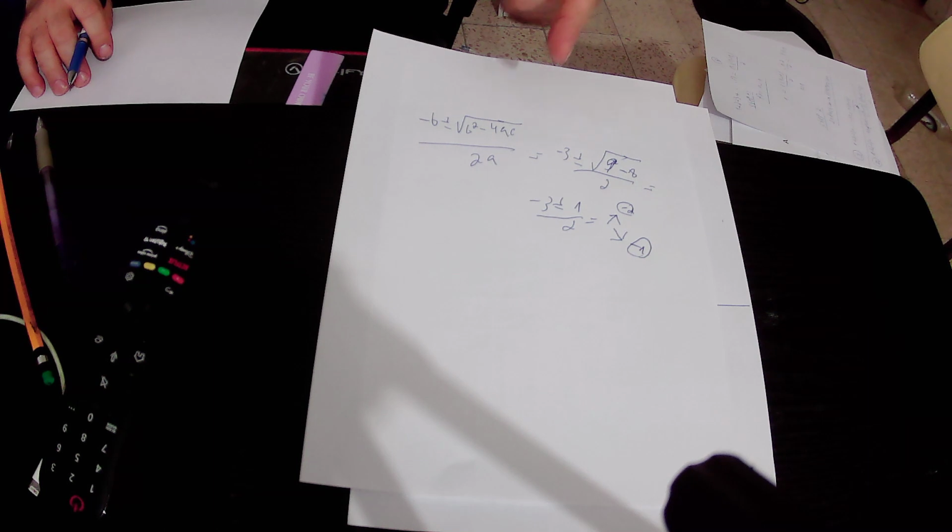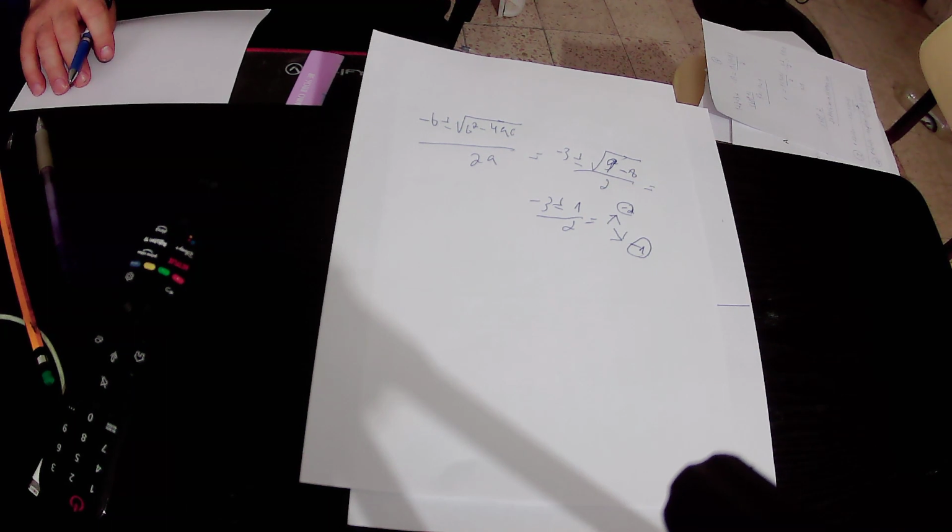So here we got minus 3 plus minus 1 divided by 2. Minus 3 minus 1 is minus 4, minus 4 divided by 2 is minus 2.